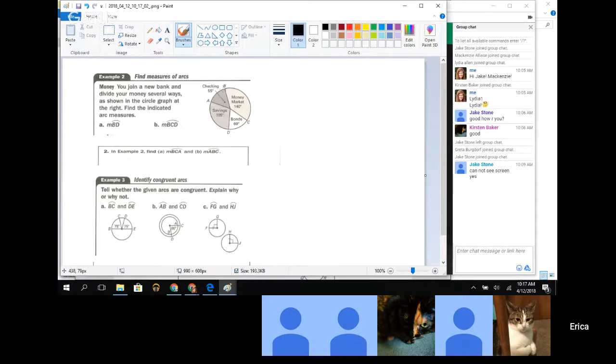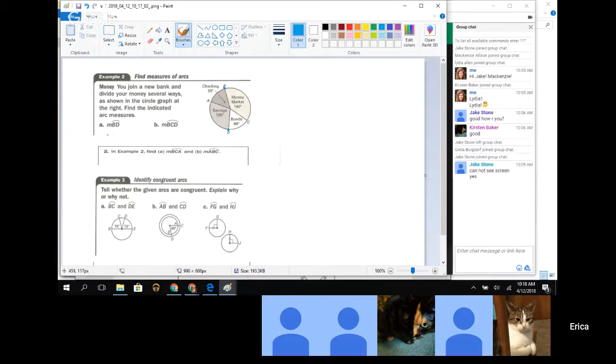Okay, BD. Now, the thing to notice with this is that here's B up at the top, and here's D down at the bottom. And there's two ways that I can go with this arc, right? I can go to the left or I can go to the right. So if I want to find the measure of arc BD, what are they talking about?